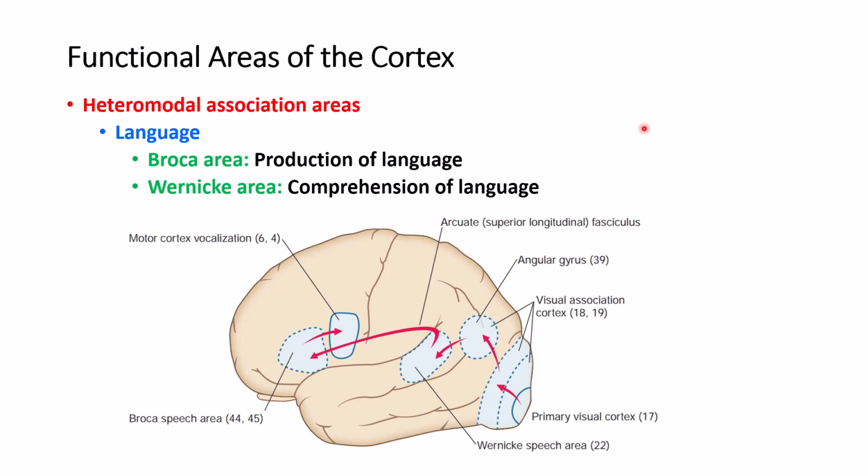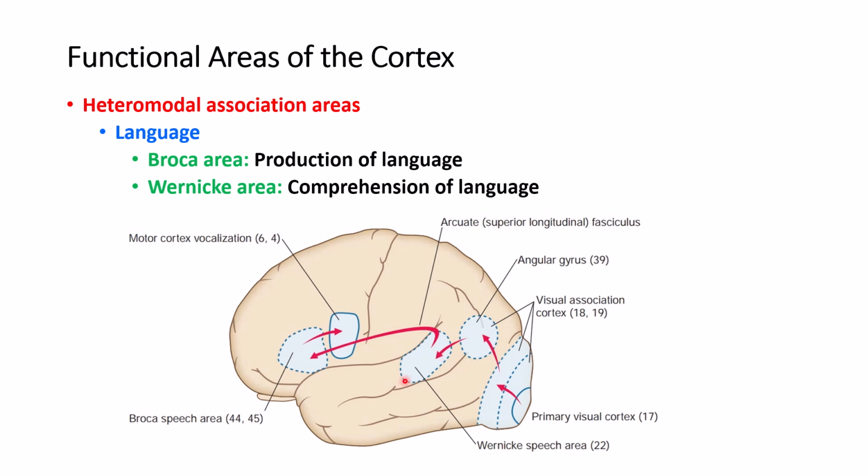Speaking of language, this is the more basic way to talk about it, but there's also a more detailed one. One area that is involved is the Wernicke area. Wernicke area is in the temporal lobe, close to the occipital and the parietal lobe, and it receives information from the primary visual cortex and visual association area, for the things that you can see, for example when you read something.